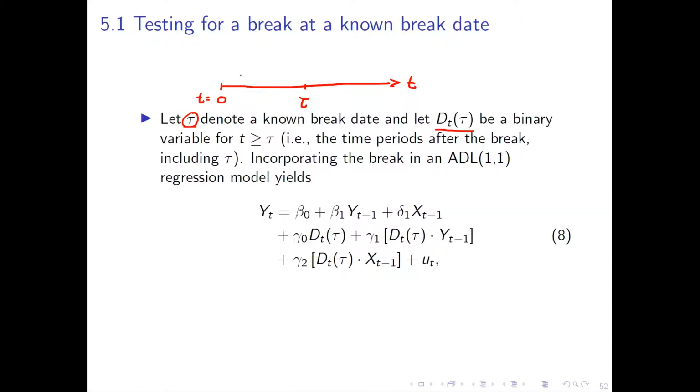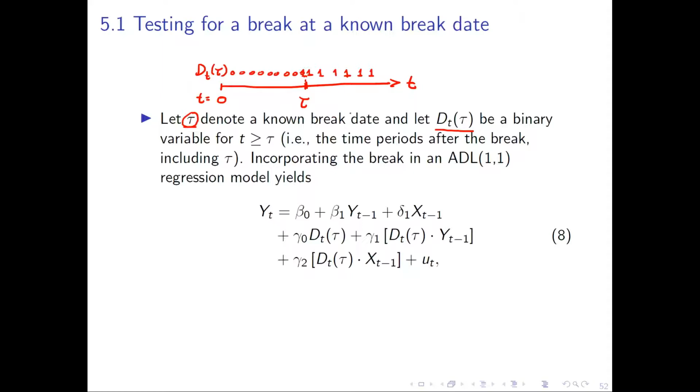And then this tau variable, this D_t of tau, or not of t but of tau, let's do that correctly, is actually 0 for all the observations here, and then it's 1 for all the observations here, including this observation here. So this is a dummy variable, which is 0 prior to the break and 1 after the break.